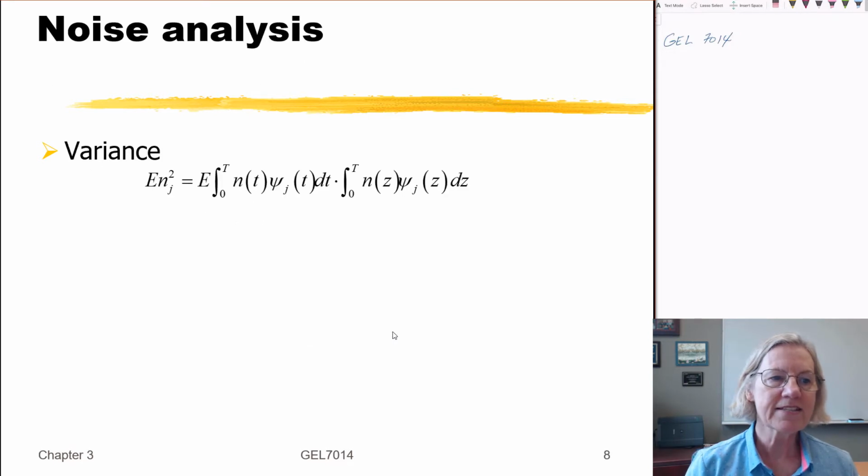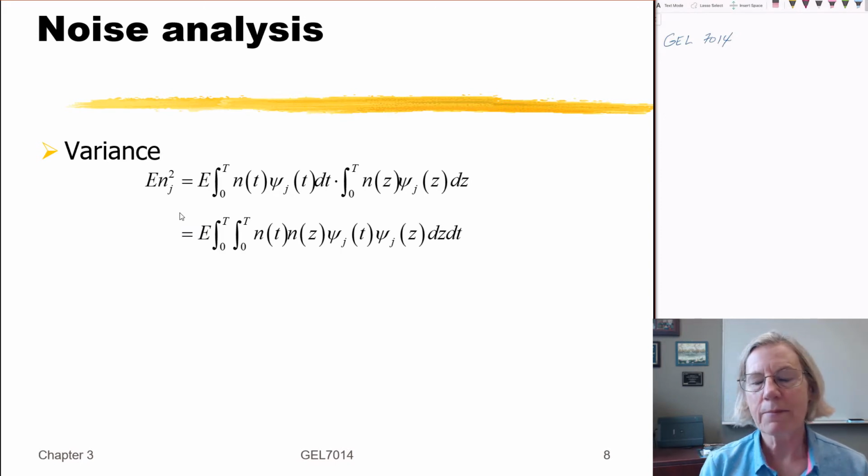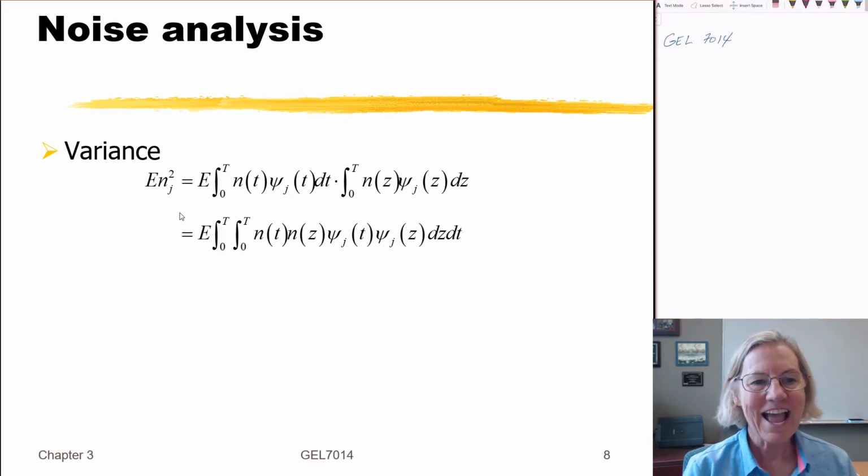The next point is, how do we calculate the variance? Well, the variance is just the expected value of the square of the component, given that it's 0 mean. So now we have to take the expected value of this product of two integrals. The first thing we're going to do is write this product of two integrals as a single double integral.